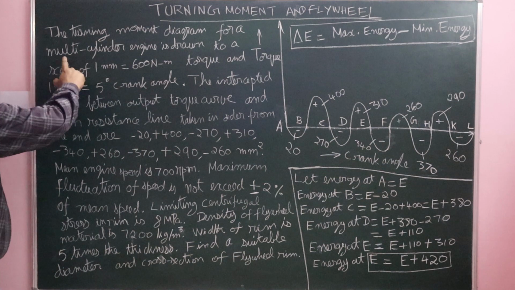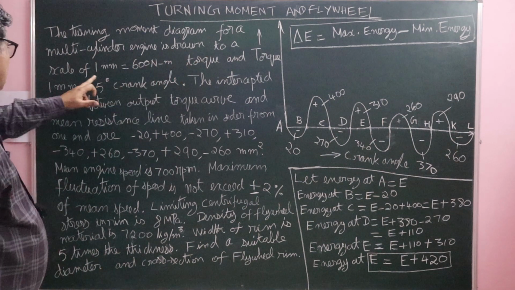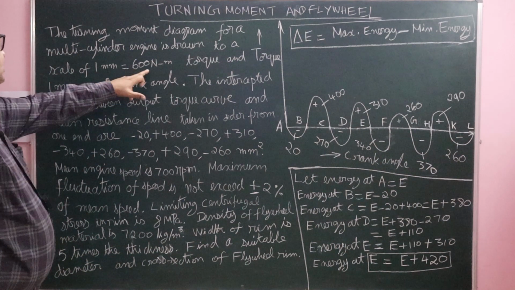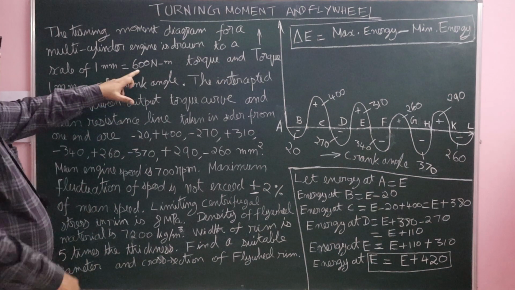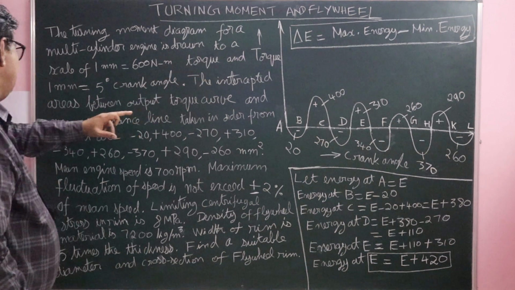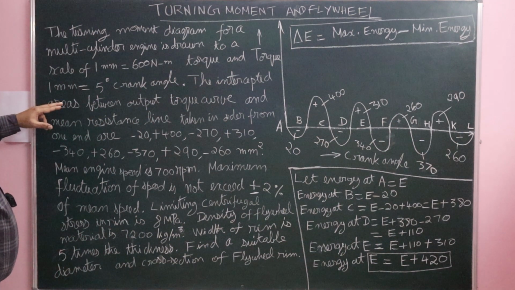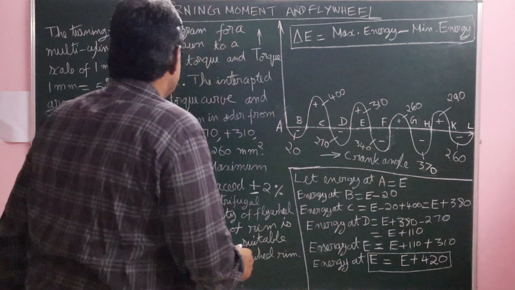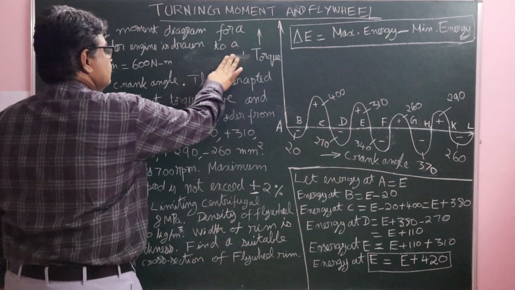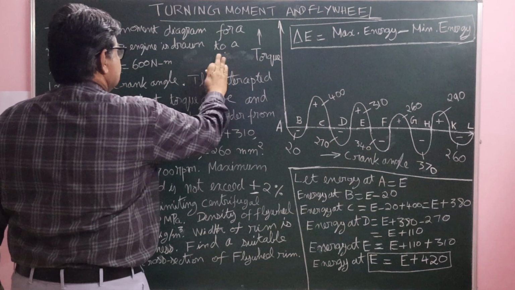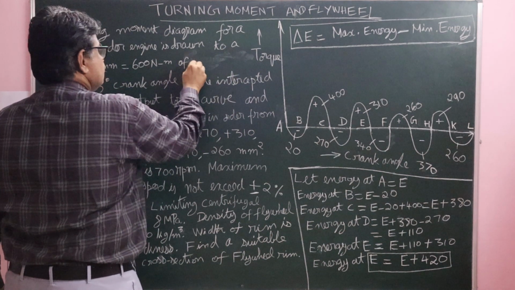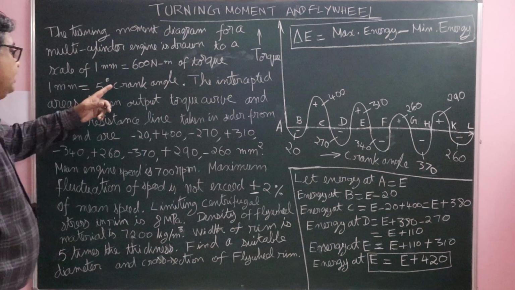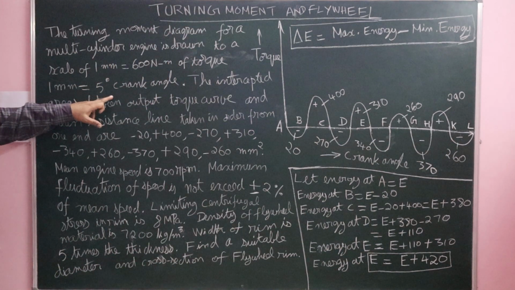The turning moment diagram for a multi-cylinder engine is drawn to a scale: 1 millimeter of length is equal to 600 Newton meter of torque, and 1 millimeter is equal to 5 degree crank angle.